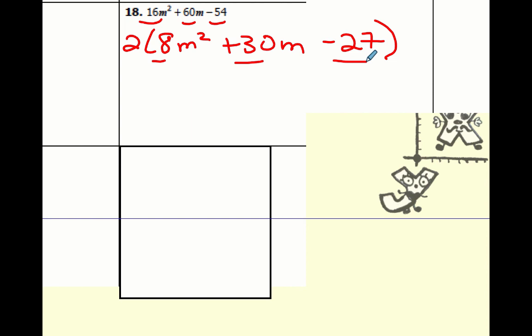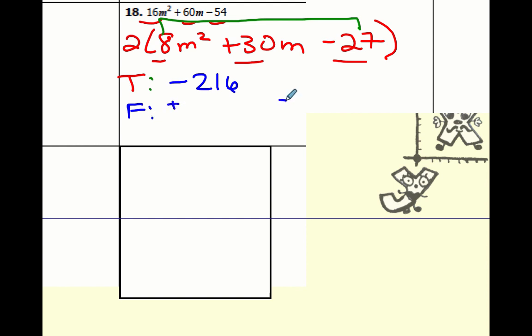So now remember, I'm going to do my target, and the target comes from A times C. Now this time it's going to give me a pretty big number: 8 times negative 27. It's kind of huge. It's negative 216, which tells me one of my factors is positive and one is negative.